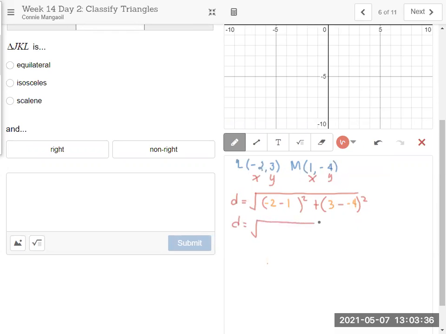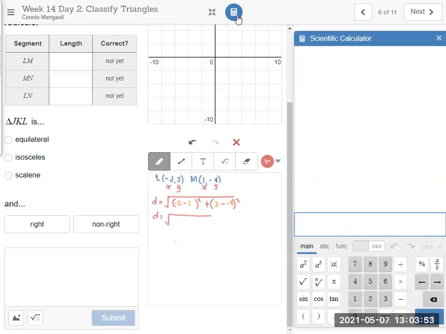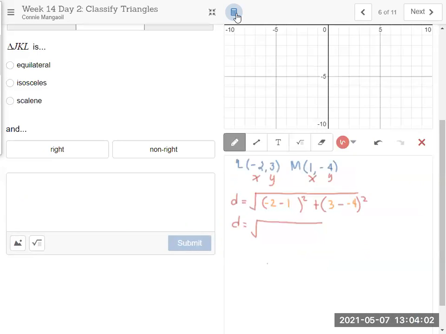Now, what is -2 minus 1? Read again. -2 minus 1. If you are not sure, class, -2 minus 1 is equal to -3. Again, we put it in parentheses because it's negative.